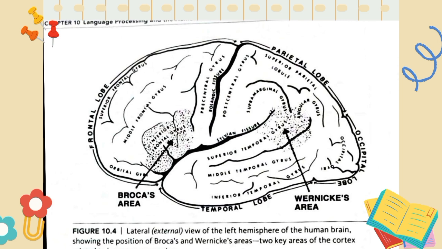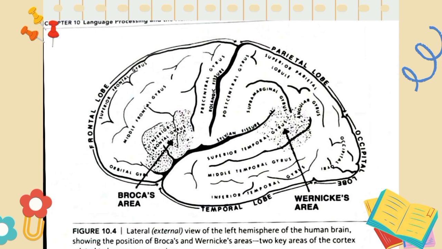It also helps in understanding spoken and written words, assigning meaning to them, and processing grammatical structures. Damage to Wernicke's area can lead to Wernicke's aphasia, characterized by fluent but nonsensical speech and impaired comprehension.